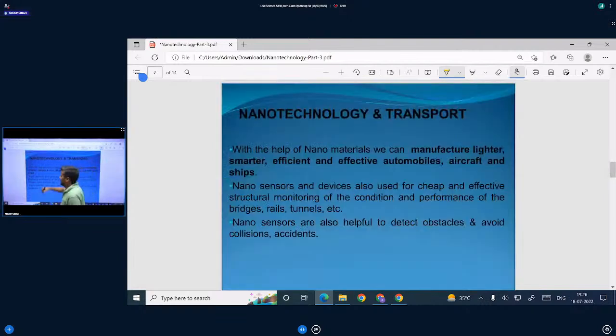Now we will see how nanotechnology is helpful in the transportation system.